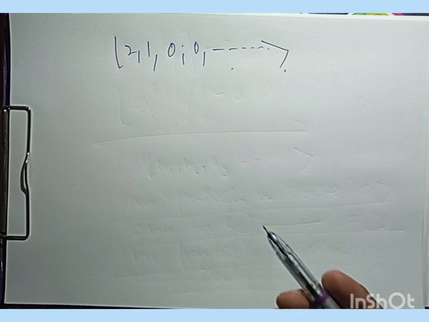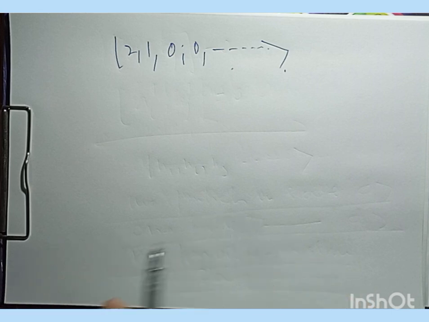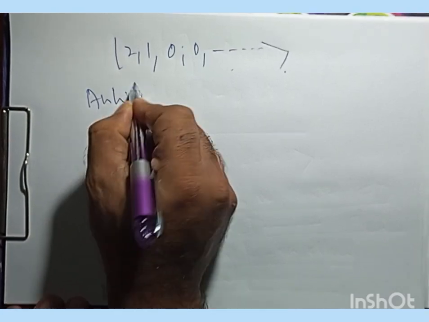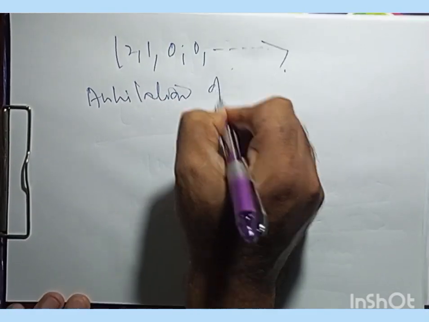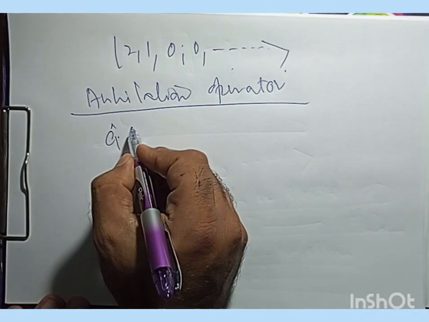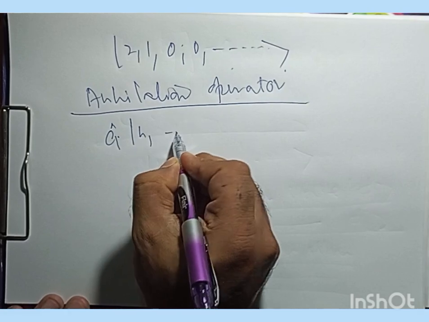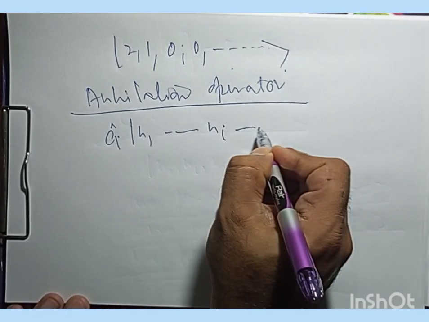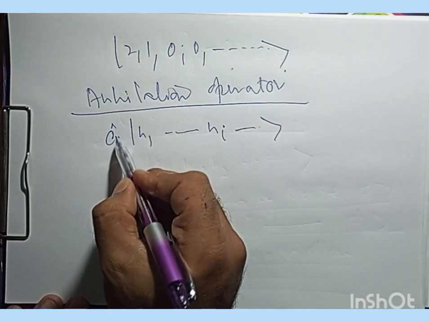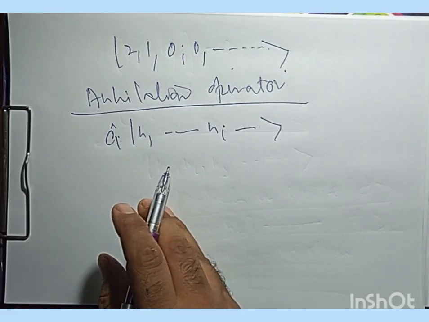Now, the creation and annihilation operators act on these states. If I start with the annihilation operator, I have a state a_i acting on |n1, ..., ni, ...>. Now, this a_i is the annihilation operator. What does it do?